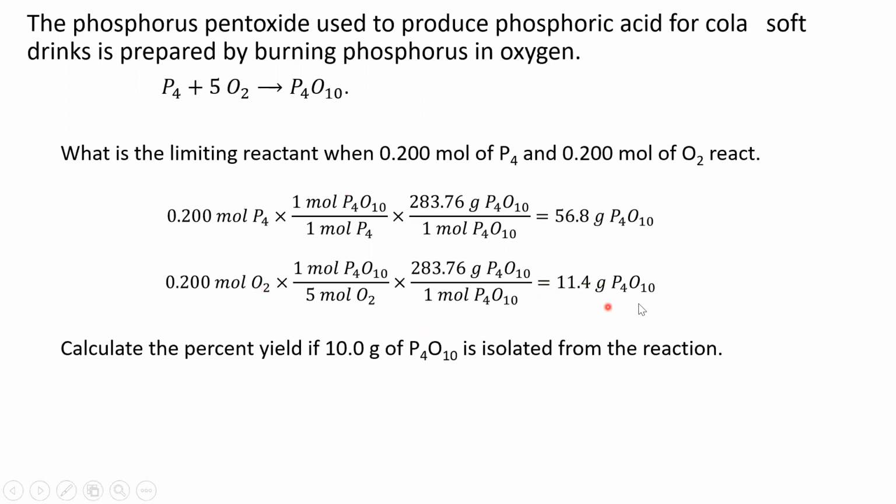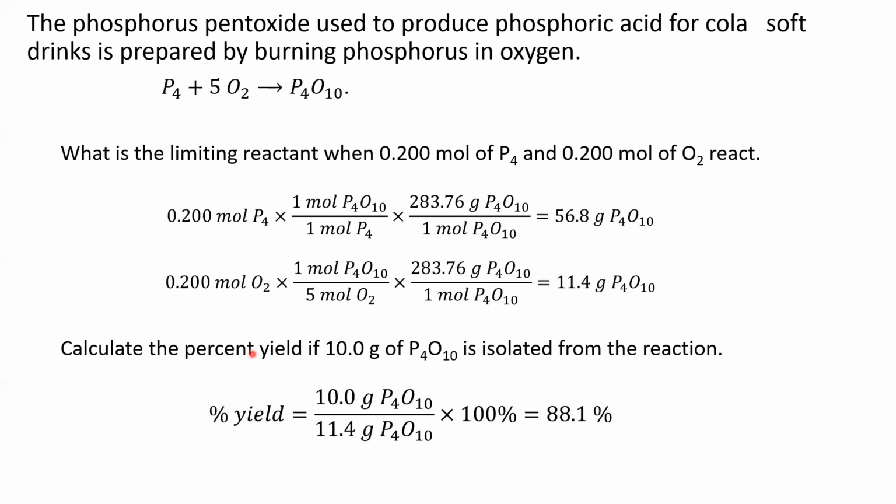So this is our theoretical yield. This is our experimental yield. What's the percent yield? Sorry, not percent error. So we take the actual value, 10.0, divided by the theoretical value, which is the 11.4, and multiply it by 100. So we got 88% yield. Not bad.